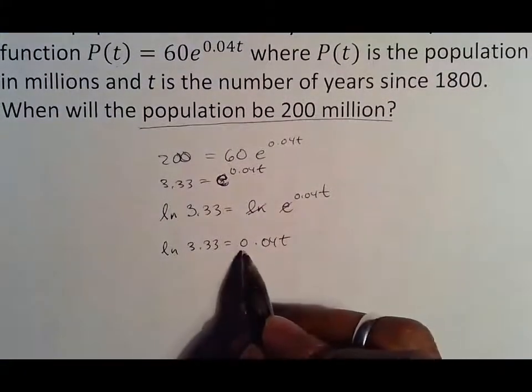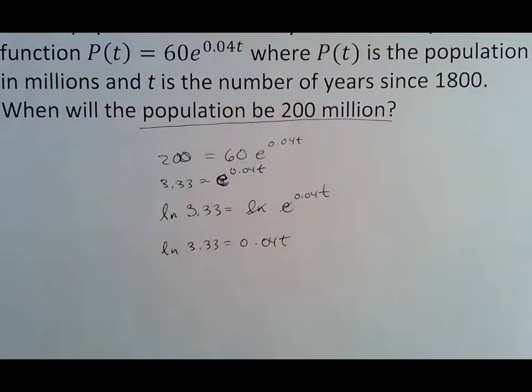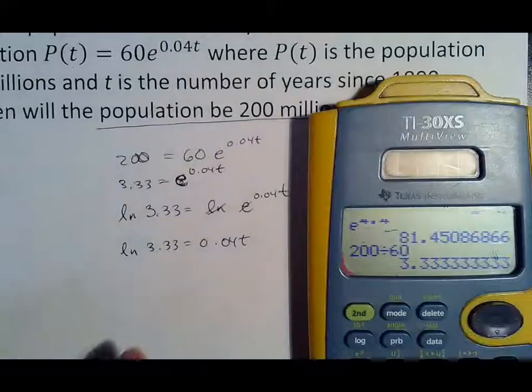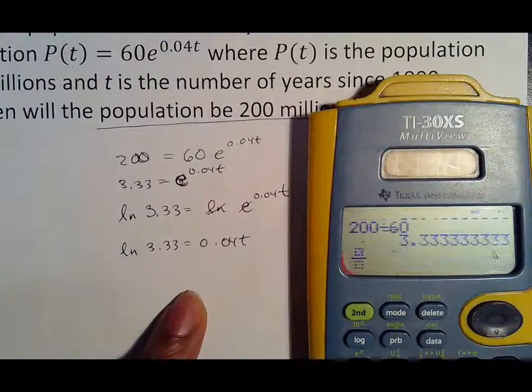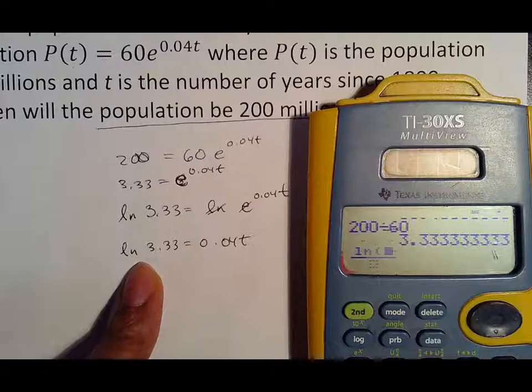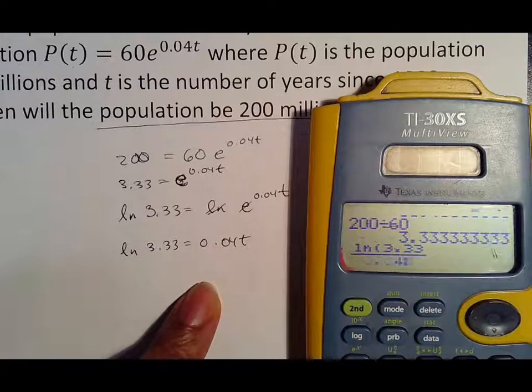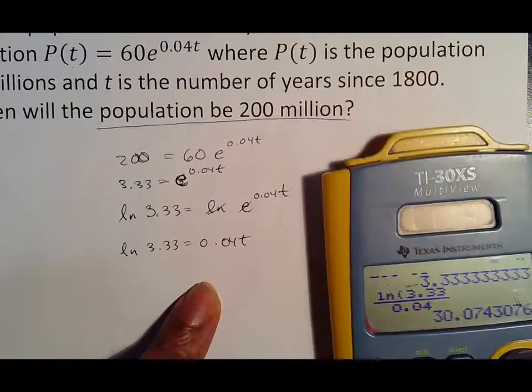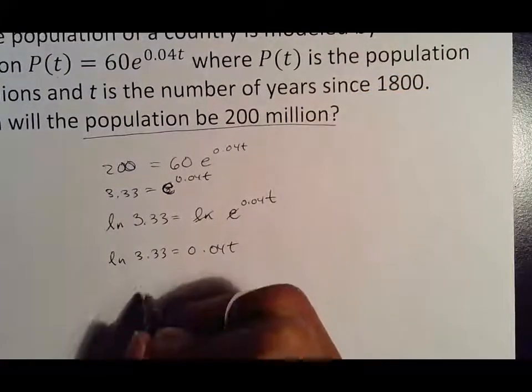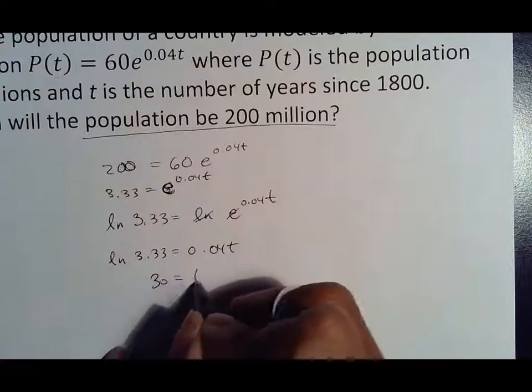And the last thing we're going to do is divide by 0.04, and I'm going to do that pretty much in fraction form because that usually works for me. So natural log 3.33 over 0.04 gives me, again, about 30 years, so 30 equals t.